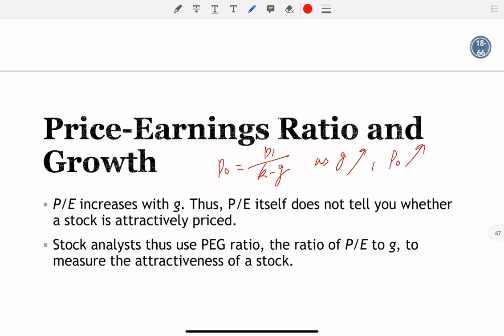This implies that as G increases, the PE ratio will increase. So it tells you that if a firm has a high PE ratio, it could be due to two reasons. First, it's truly overvalued. Second, it is not overvalued. It has a high PE ratio because it has high growth potential.